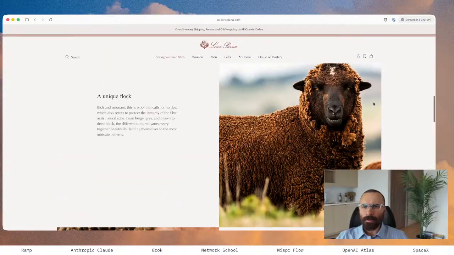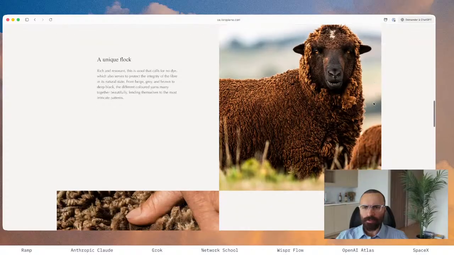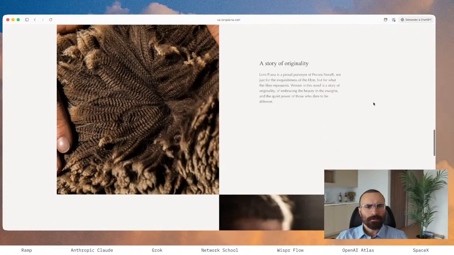A unique flock, rich and resonant, this is wool that calls for no dye, which also serves to protect the integrity of the fiber in its natural state. From beige, grey, and brown to deep black, the different colored yarns marry together beautifully, lending themselves to the most intricate patterns. Proud purveyor of Pecora Nera, not just for the exquisiteness of the fiber, but what the fiber represents.